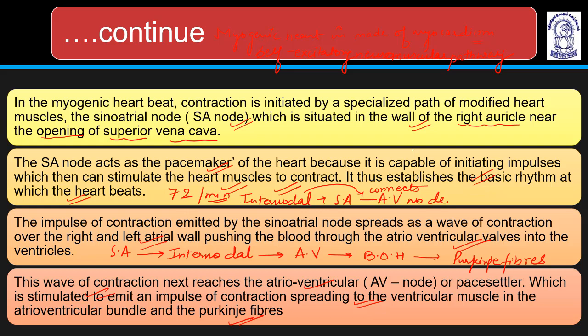It is situated in the lower left corner of the right atrium, close to the atrioventricular septum. It is capable of generating impulses at a rate of 40 beats per minute.